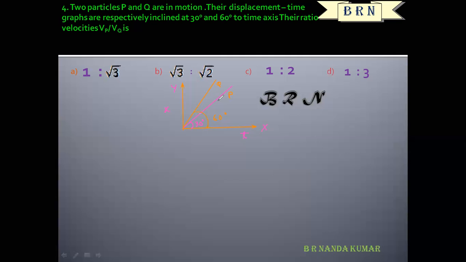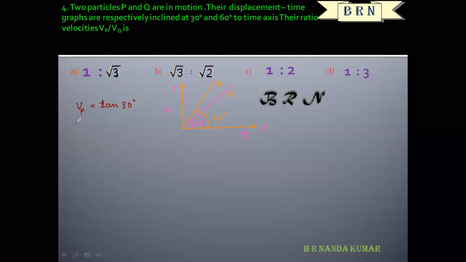Slope of the displacement time graph gives the velocity. So the slope of this line is tan theta. So velocity of particle P is equal to tan 30 degree.